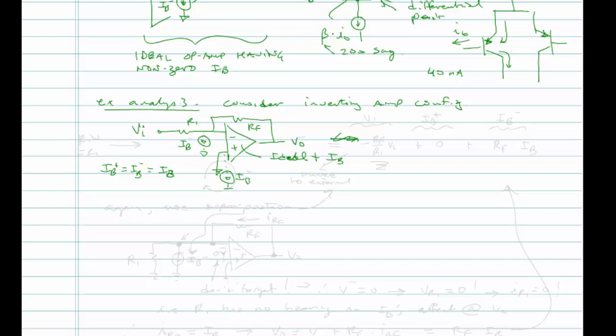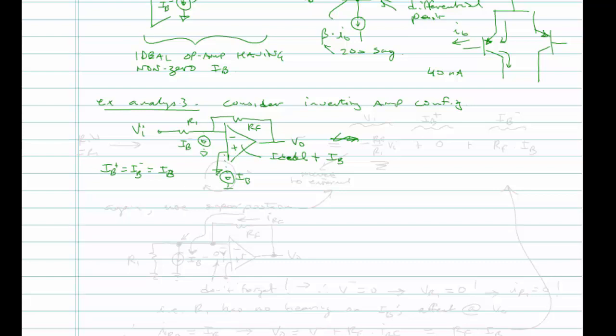But we'll deal with that as our last imperfection. So for right now, we're going to assume that there is no offset between these two bias currents. So I'm going to label the circuit current sources just IB and IB rather than IB plus and IB minus. When we do IOS, we'll consider the case when those two currents are slightly off from one another.